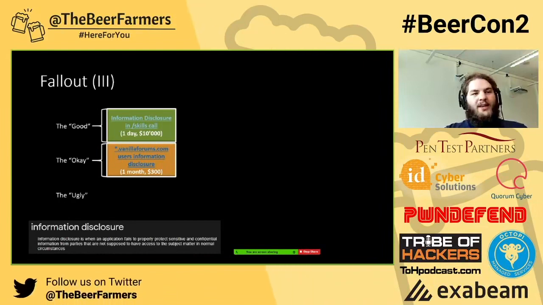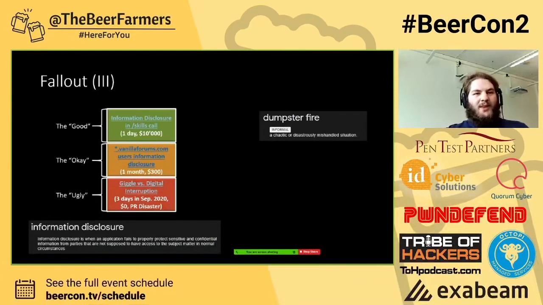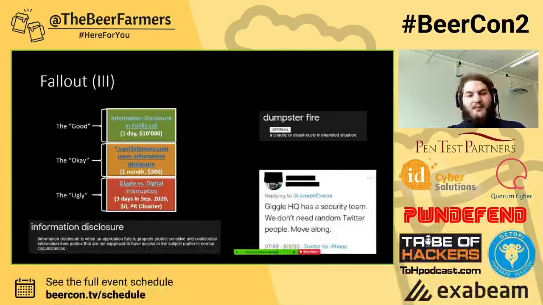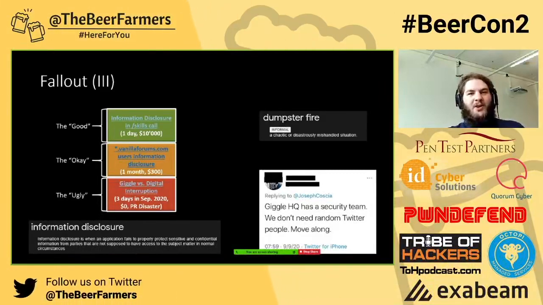But if you have a really chatty API, which exposes all of its users' data, like in the case of Giggle, which happened in September, you get something called a dumpster fire, because especially if you say that there was no incident, that's actually pretty horrible. What didn't help in this case of PR disasters is that the CEO of said company also, well, antagonized the InfoSec community, which is not a great move on their part.